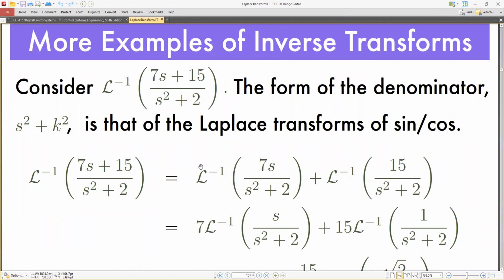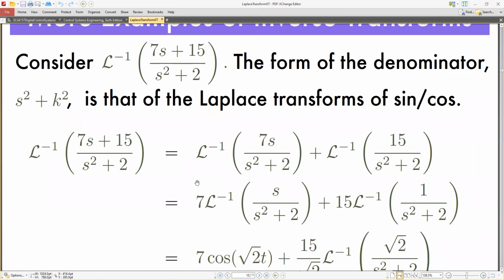Now, more examples of inverse transform. Consider this one. The form of the denominator s square plus k square is that of the Laplace transform of sine or cos. So we can write like this. Inverse Laplace transform of 7s divided by s square plus 2.